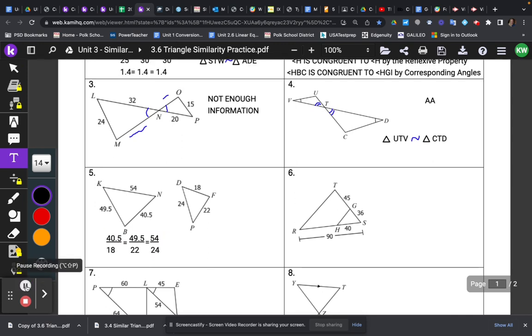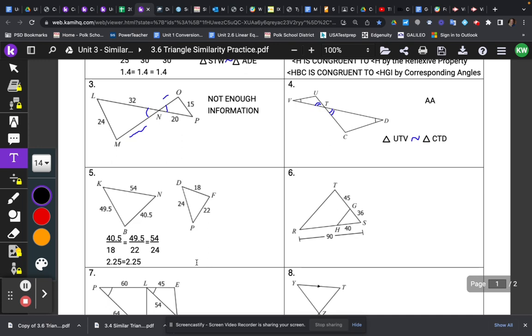Now grab your calculator because it's time to see, are these equivalent fractions? When I tried 40.5 over 18, or 40.5 divided by 18, I did get 2.25. Let's try the next one. So far, so good. Let's try the last, 54 over 24.